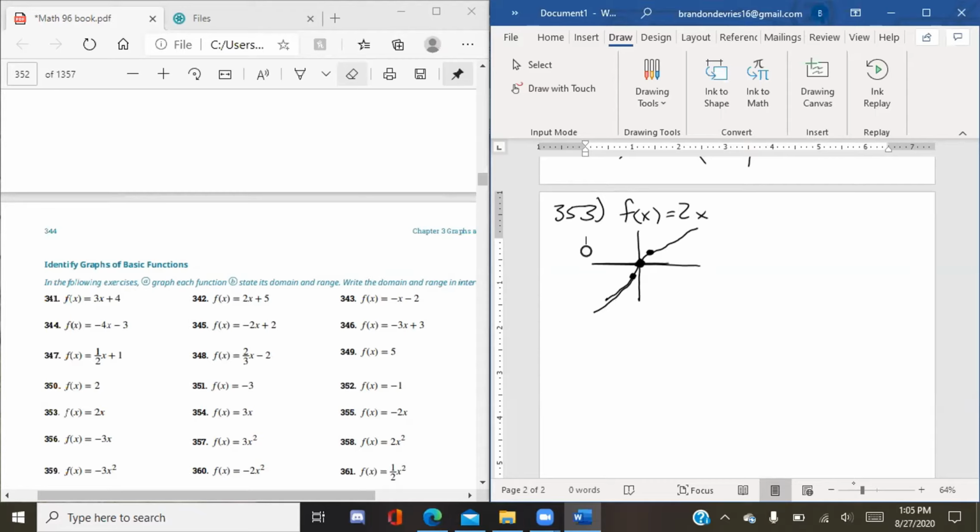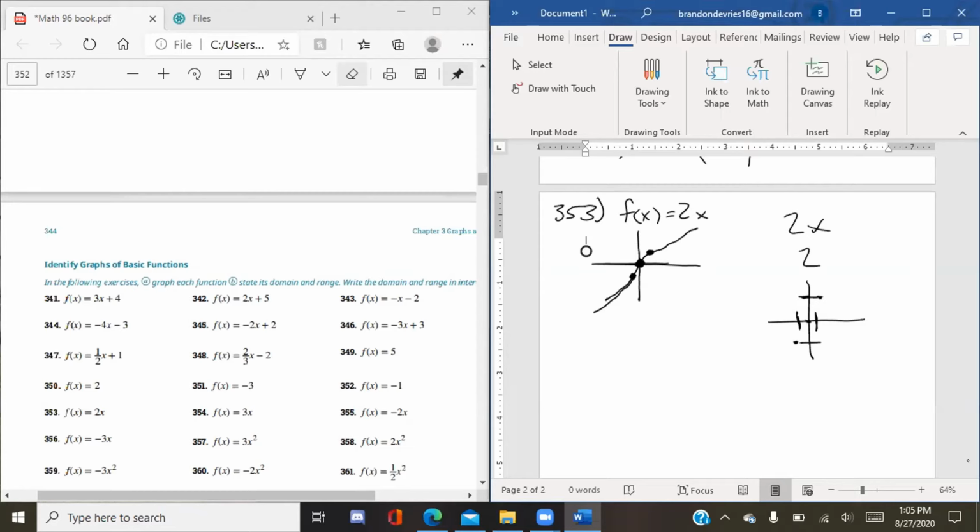If you do the 2x and you plug in a 1, it just equals 2. So we're going to go over 1 and then up 2 because it equals 2. And if you do the -1, you go over -1, and since it's -2, you go down 2. So it's going to be here and here and then in the center.